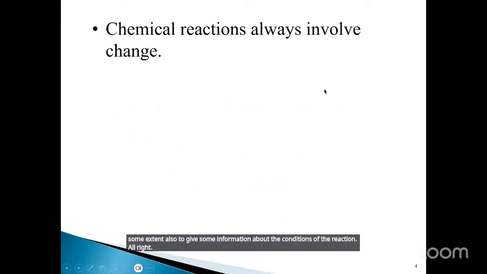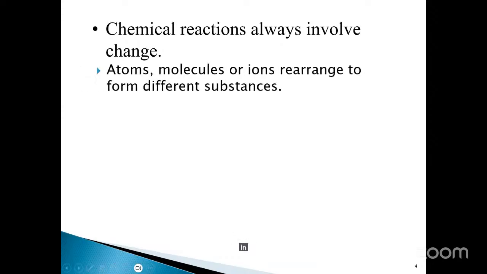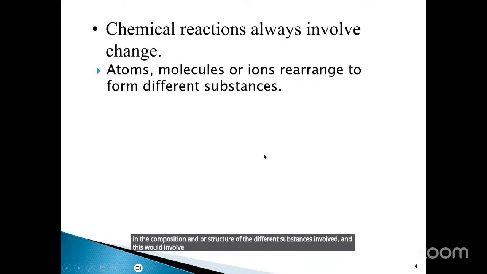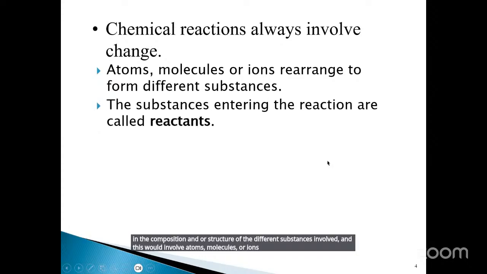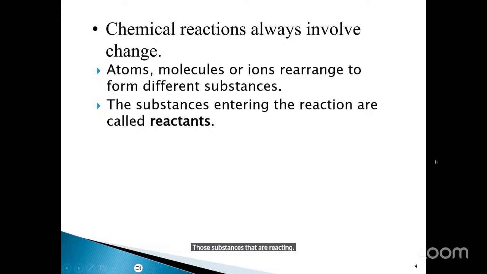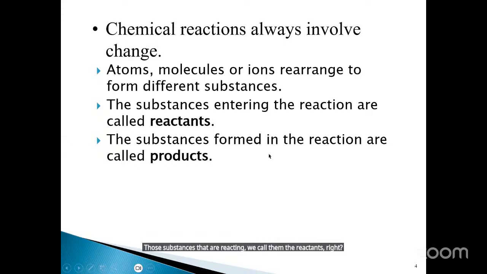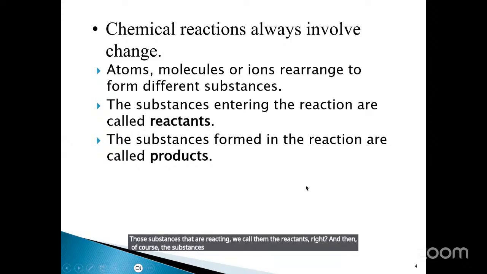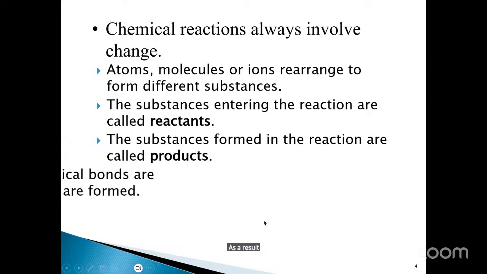So, of course, in a chemical reaction, there's a change in the composition and or structure of the different substances involved. And this would involve atoms, molecules, or ions rearranging themselves and coming together to form different compounds or different substances. So those substances that are reacting, we call them the reactants, right? And the substances that are formed as a result of the reaction, we call them products, all right?